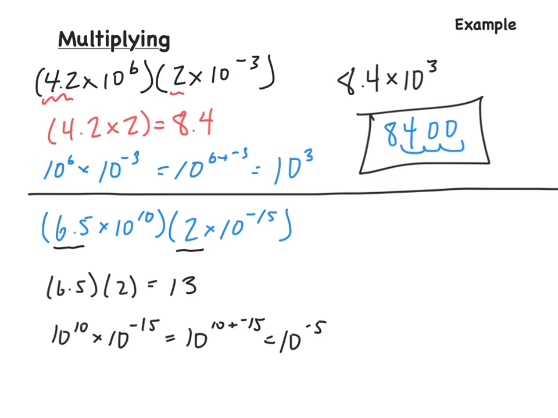Now we're going to write these. So we have 13. But the decimal point is right here. This is the tricky part. I need it to be between 1 and 10 for scientific notation. So I have to move this decimal point over to the left.